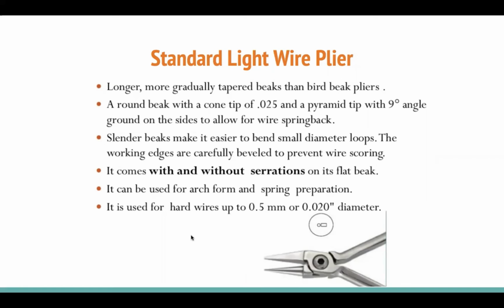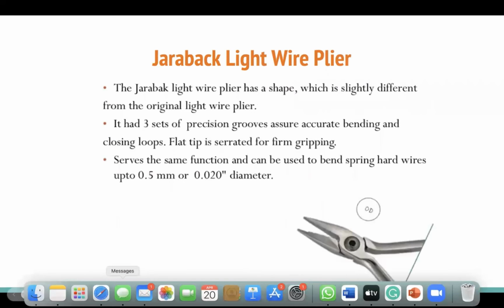With a bird beak, you have to go all the way up to the tip to make the loop. It can come without or with serration. I would recommend getting it with the serration, which has a better grip. It can be used for arch form and spring preparation, and it can be used for hard wire up to 0.5 millimeter diameter. So between bird beak and this standard light wire plier, I would recommend you get this one for more application, okay?